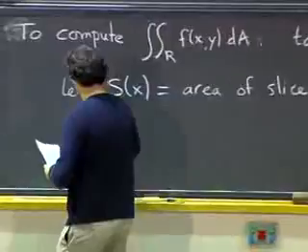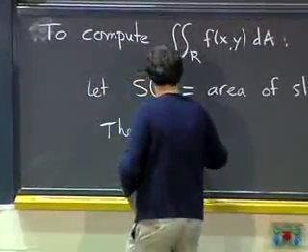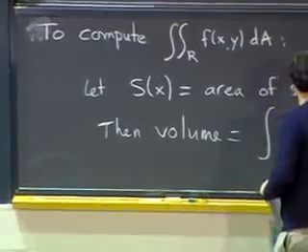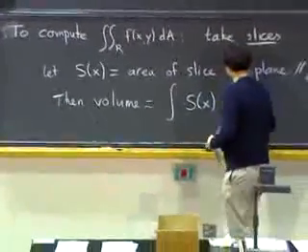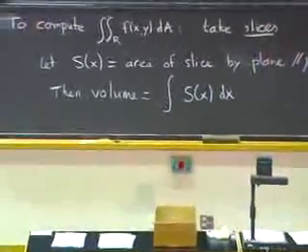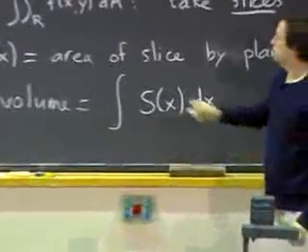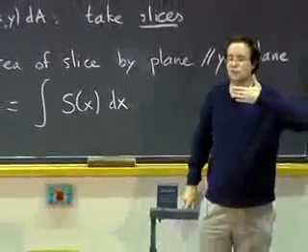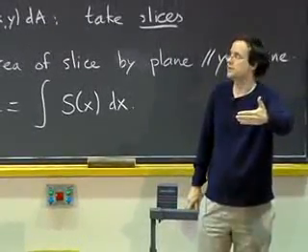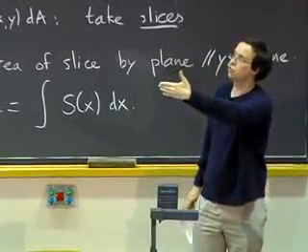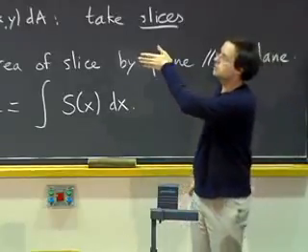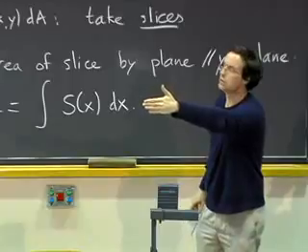Okay, then the volume will be the integral of S of x dx. From, well, what would be the range for x? We would have to start at the very lowest value of x that ever happens in our region, and go all the way to the very largest value of x, from the very far back to the very far front.